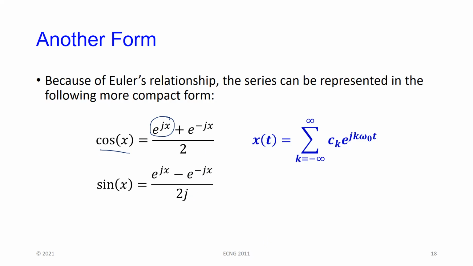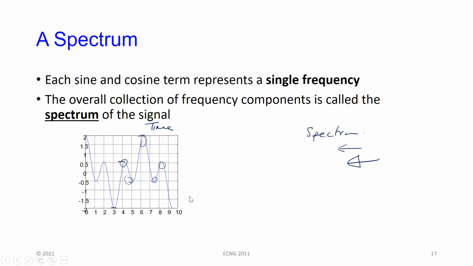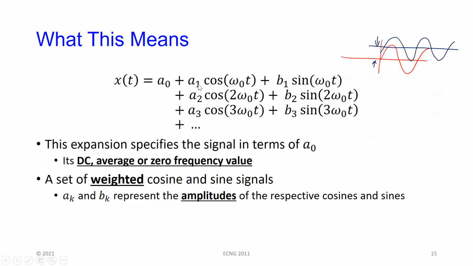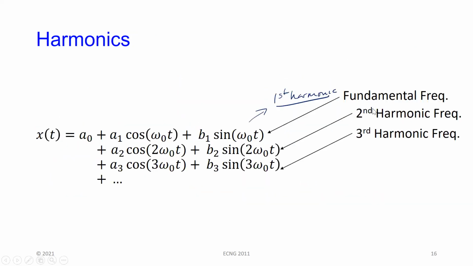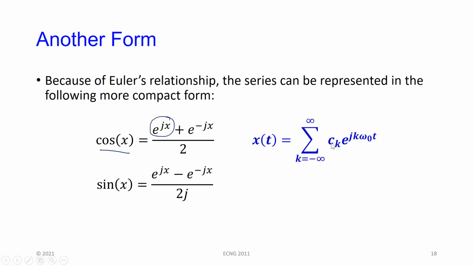So what we can do is substitute for the sine and cosine in the standard trigonometric form of the Fourier series. We can substitute for sine and cosine in terms of e to the j k omega 0 t.